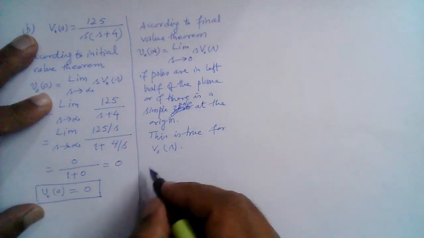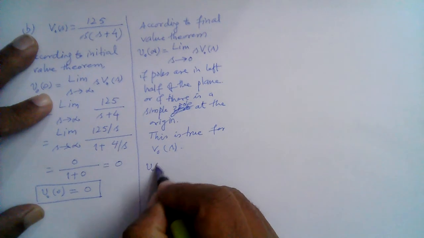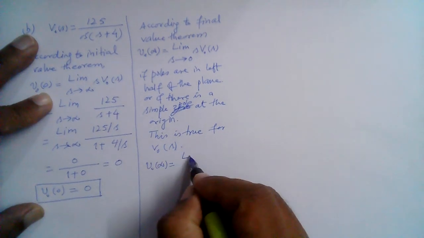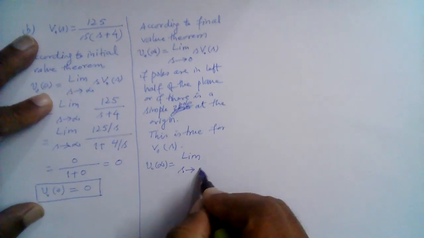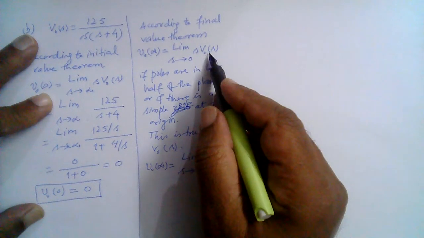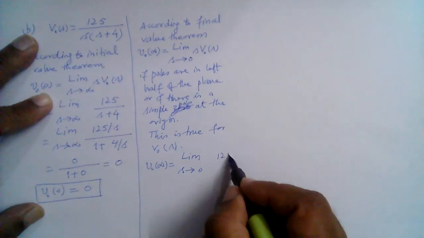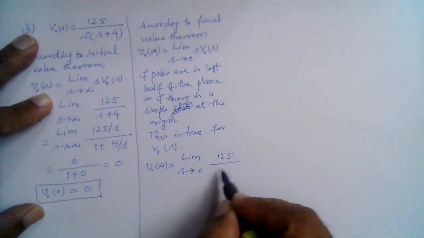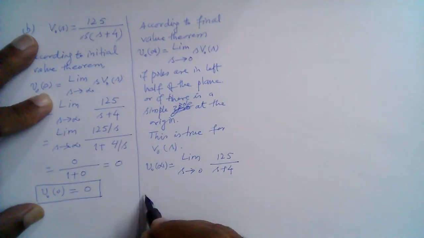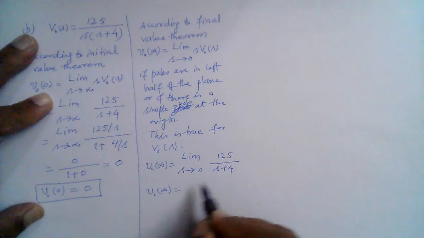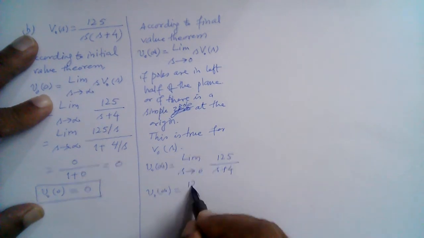So V naught at time t infinity is equal to limit S tends to 0 of S multiplied by V naught S, which leaves us with 125 over S plus 4. So V naught at infinity, we put S equal to 0 here, and this leaves us with 125 over 4.